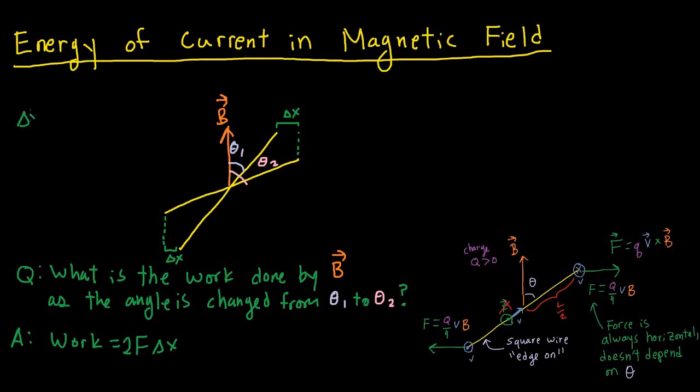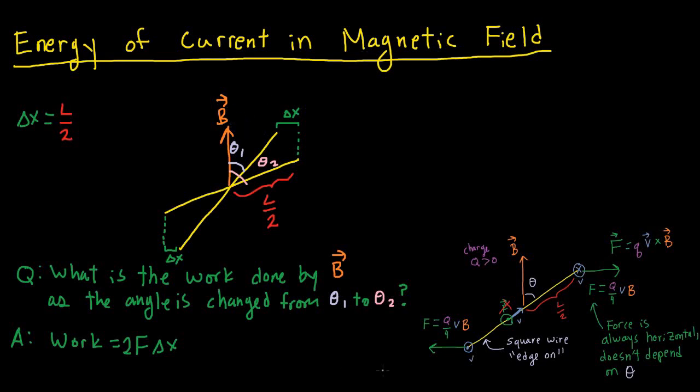Well, delta x is equal to, now remember that this side length here is L over 2. So delta x is equal to L over 2, and then this side length here is cosine of theta 1 times L over 2.